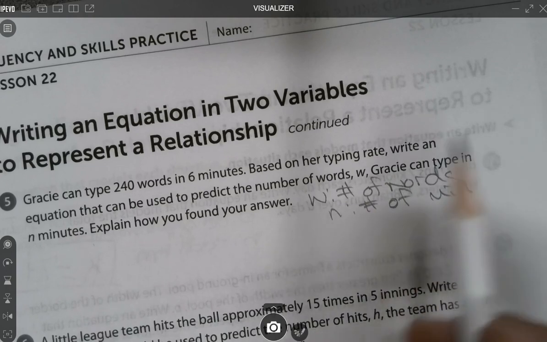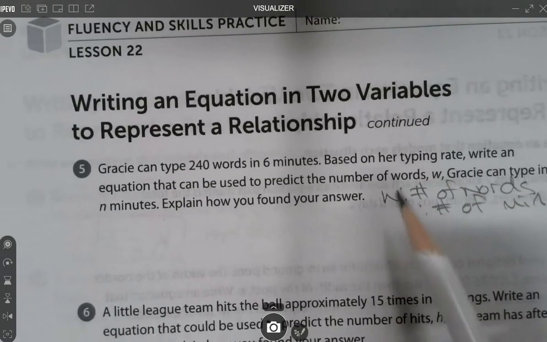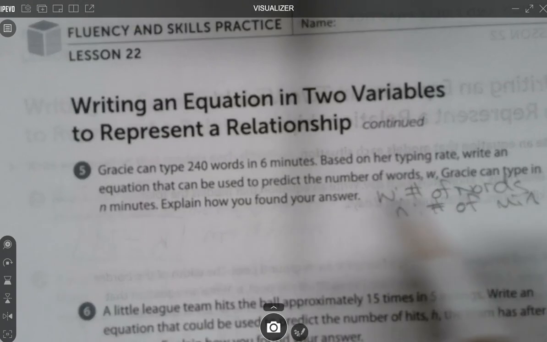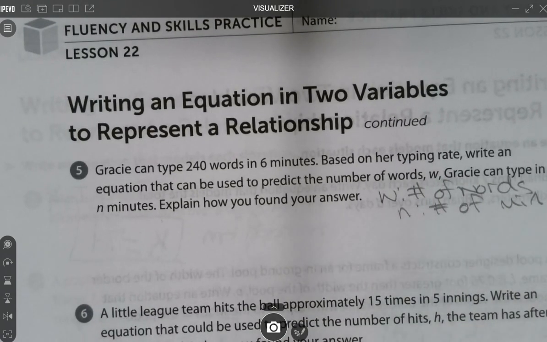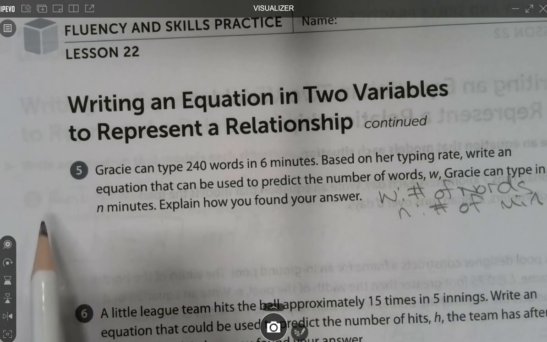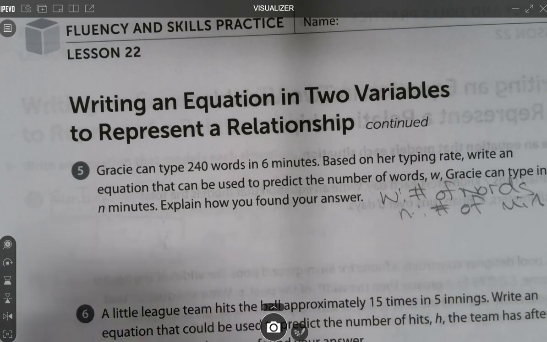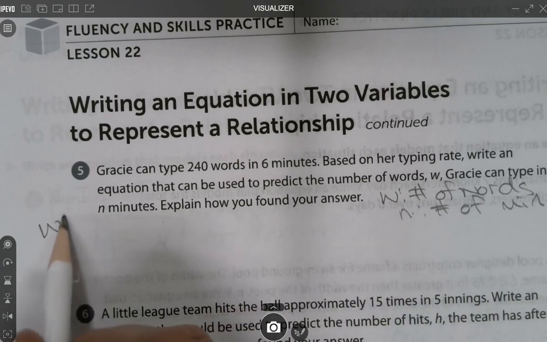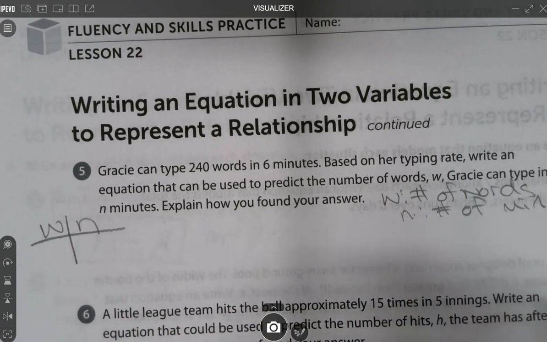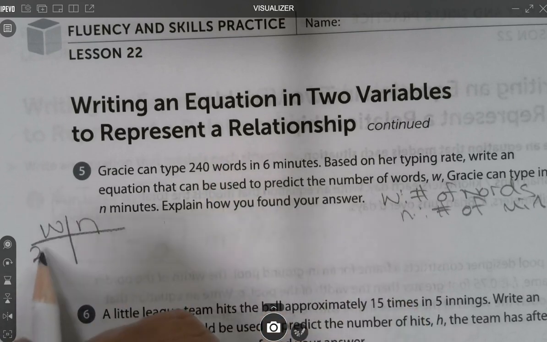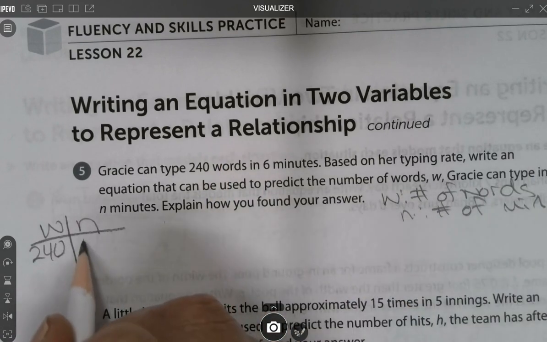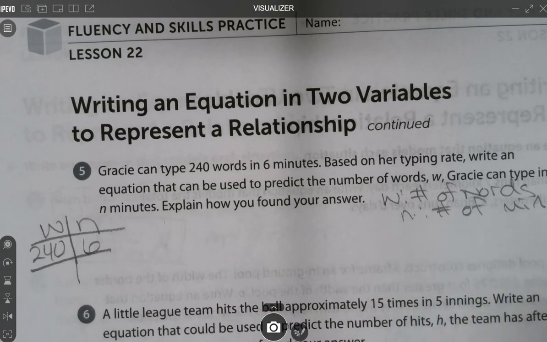Okay, so when I'm trying to write a rule, when I'm trying to show that relationship, when I'm trying to write that equation, I like to put it in a table. So I would say words to minutes. And what did they give me? They gave me 240 words for 6 minutes.